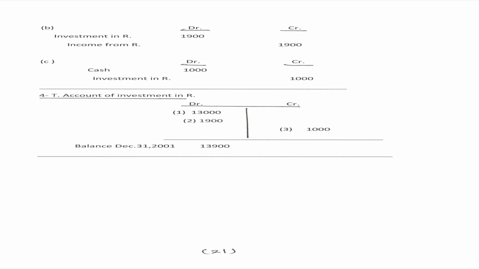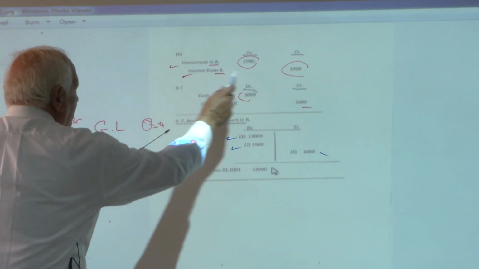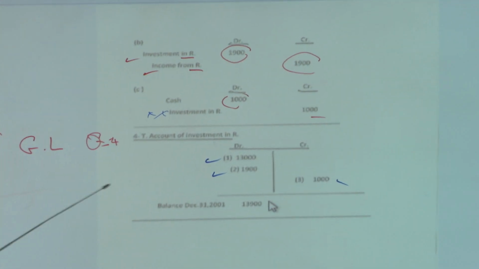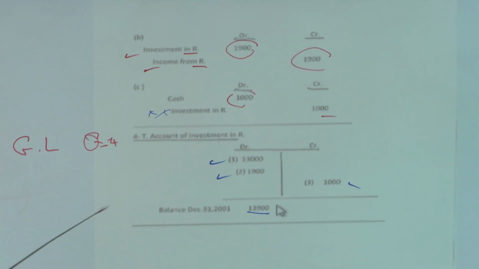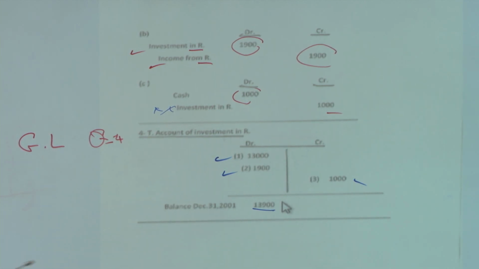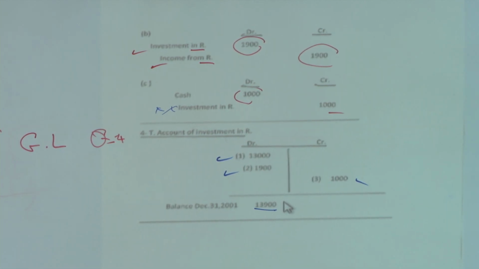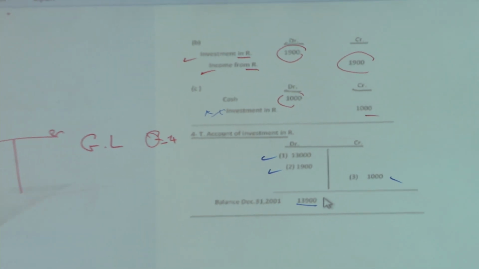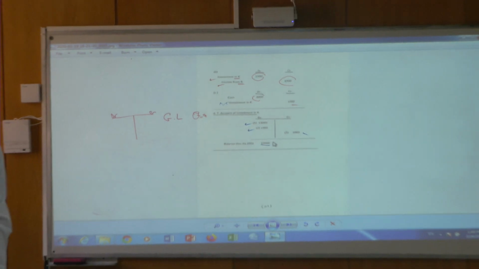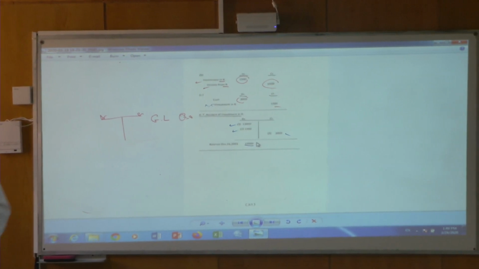Here is 13,000, 1,900, and credit investment. It gives you at the end, that's what we need. If you get the same number, that's 15,900. I'd like you to go back and look at the answers to question 3 and question 4 to see what the difference is, what the requirement is, what I ask you for. You need to know this.